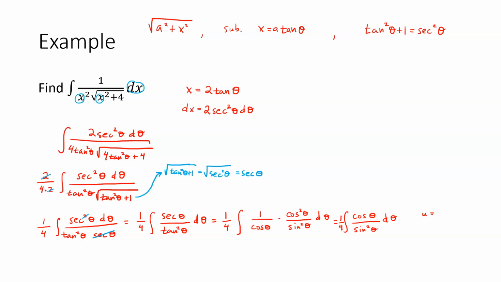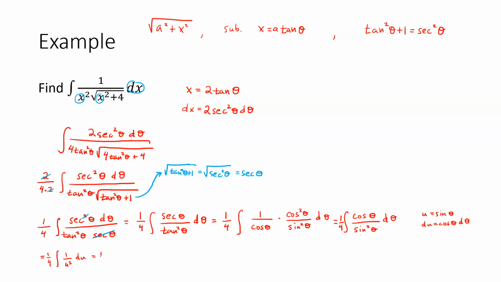Let u equal to sine theta. And du is cosine theta d theta. So here, let me continue in the next line here. So we got 1/4 integral of, now this just becomes 1 over u squared du.